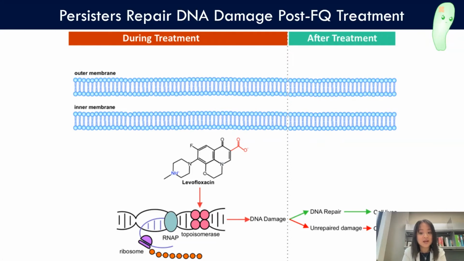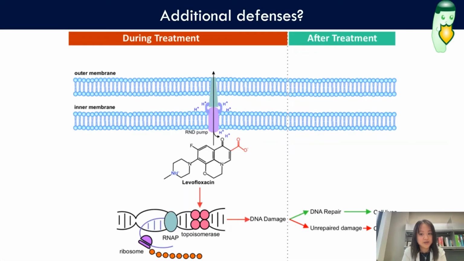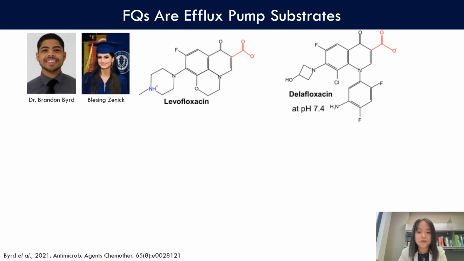So we then asked, what other defenses do these cells depend on to survive treatment with these fluoroquinolones? To address this, we turned to genes that encode multi-drug efflux pumps, including the resistance nodulation division family of pumps, including AcrAB and TolC in E. coli. This work was led by a former MD PhD student, Brandon Bird, together with a former postbac student, Blessing Zenick.